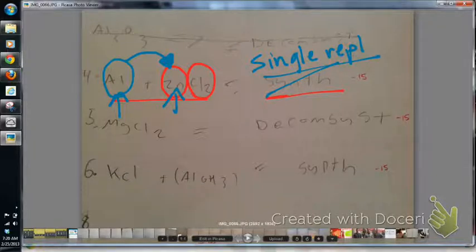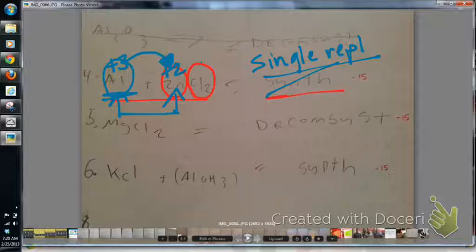And where you go from there is you want to find the elements that have the same charge, and that is the 2 positive ions here. You have aluminum with +3 and zinc with +2. And that is what is going to be replaced, is your positive charges in this case. Of course, if this aluminum were to have a negative charge, it would be replacing this negative ion over here. Okay?